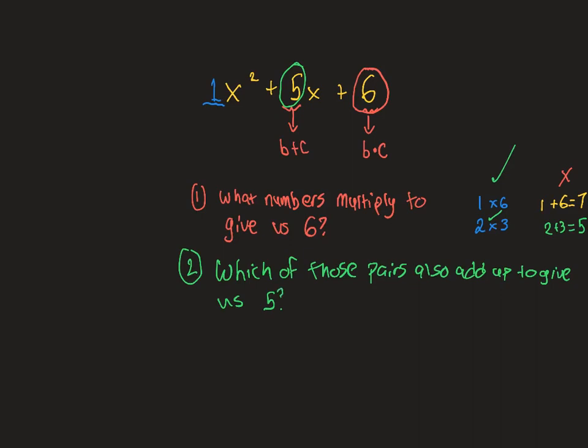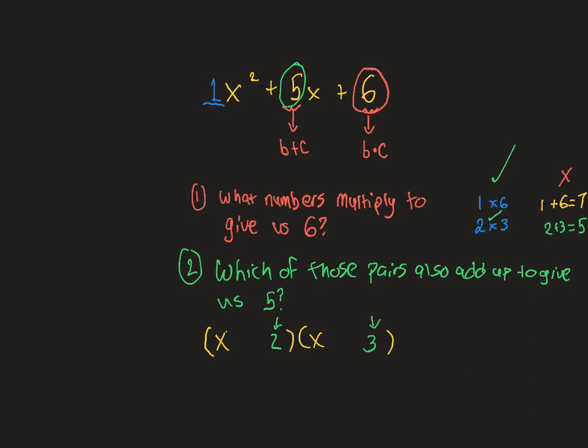So we found out 2 times 3 gives me 6, and 2 plus 3 gives me 5. So in your final step, you're just literally writing the form. We know the form always looks like x plus b times x plus c. I already know it's going to be x, it's going to be x. I also know that it's going to be a 2, and it's going to be a 3. It doesn't matter whether you put the 2 here or here, same thing.